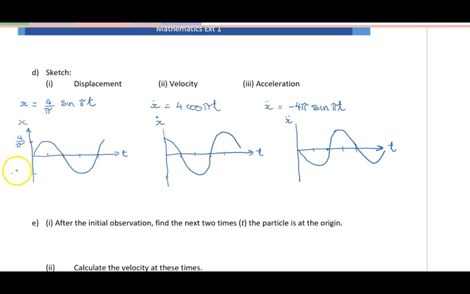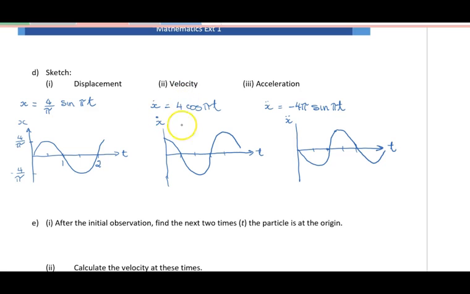I'm going to call this minus 4 on pi. We know that the period is going to be impacted. So this is not 2 pi this time. Under normal circumstances a sine curve completes the period in 2 pi. But this time, because of the presence of the pi, this becomes 2. So this is 1, this is 0.5, and that is 1.5.